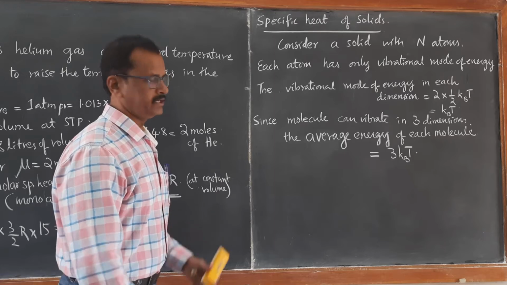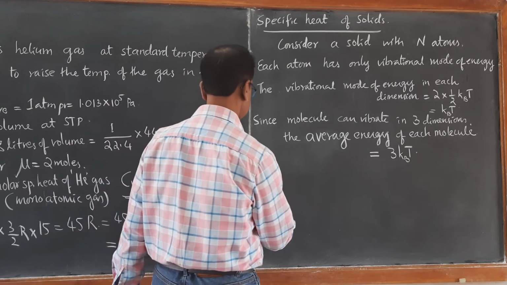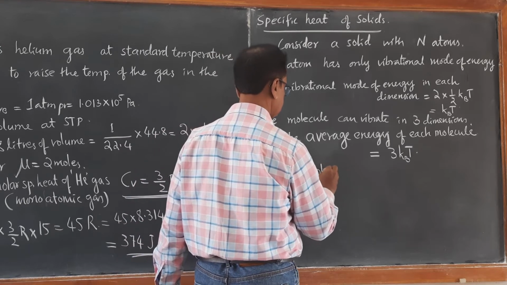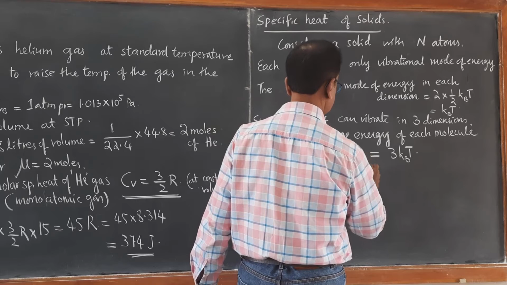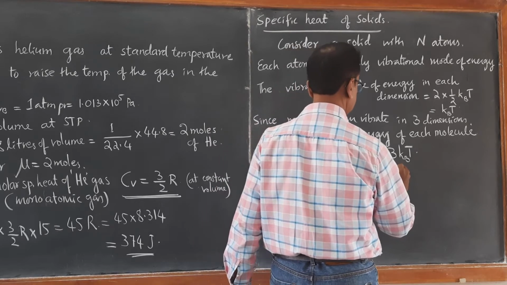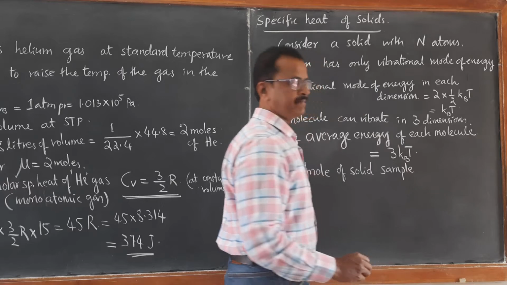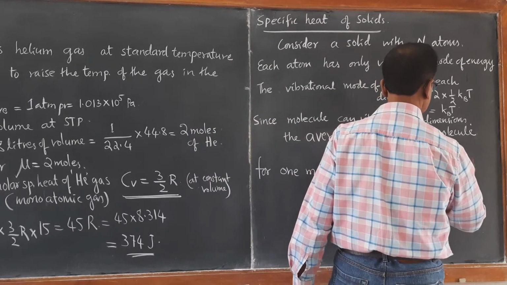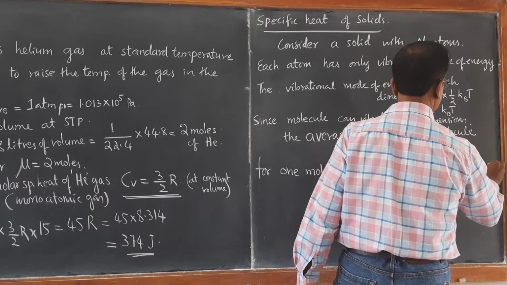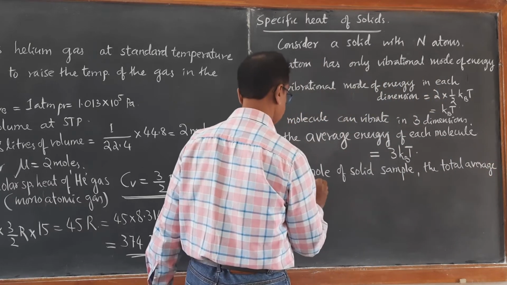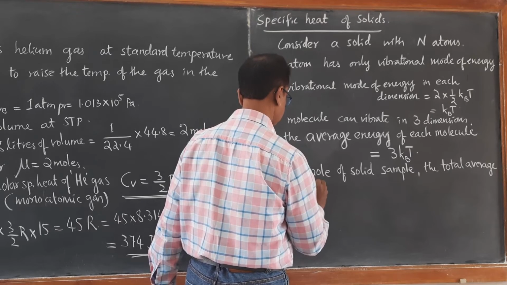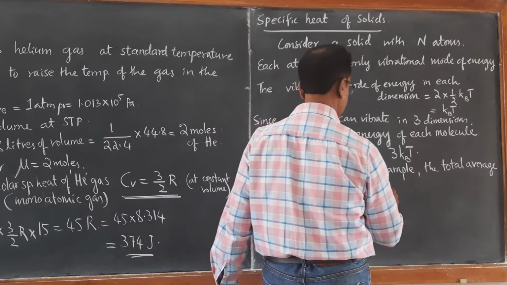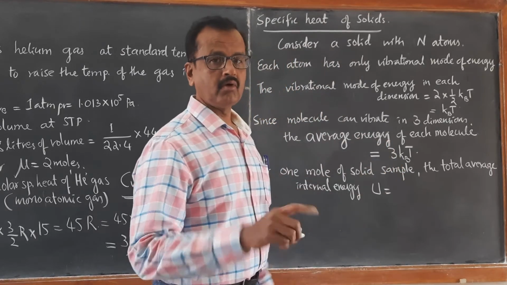Consider 1 mole of solid. For 1 mole of solid sample, the total average energy U becomes equal to 3kBT into Avogadro number.